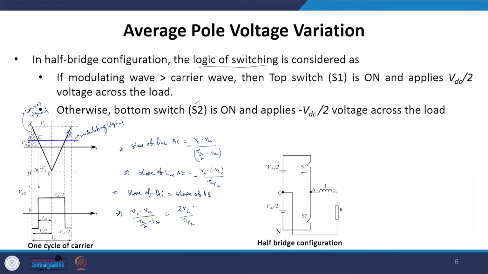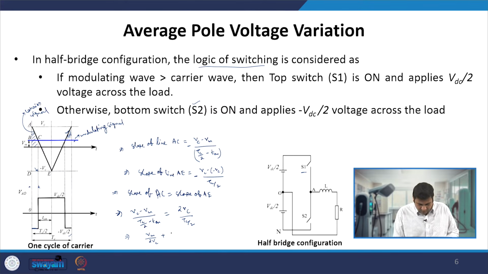If we look very carefully, we can rearrange this particular term to get Vm by 2 Vc plus 1 by 2 equal to T on by Tc by 2.